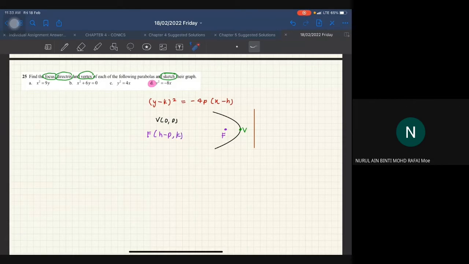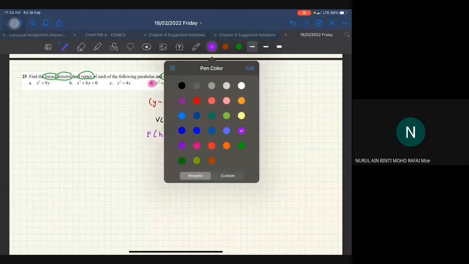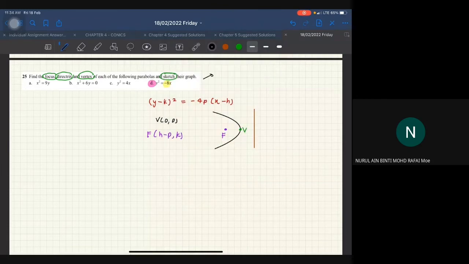Okay, so kita ada h, kita ada k, tapi kita tak ada p. Okay, so you need to find p first. Macam mana nak cari p? Daripada sini. Okay, so awak boleh sama ada awak nak buat macam ni. Sekejap saya tulis kat sini. So there are two methods. So first awak boleh tulis negatif 8 sama dengan negatif 4p.